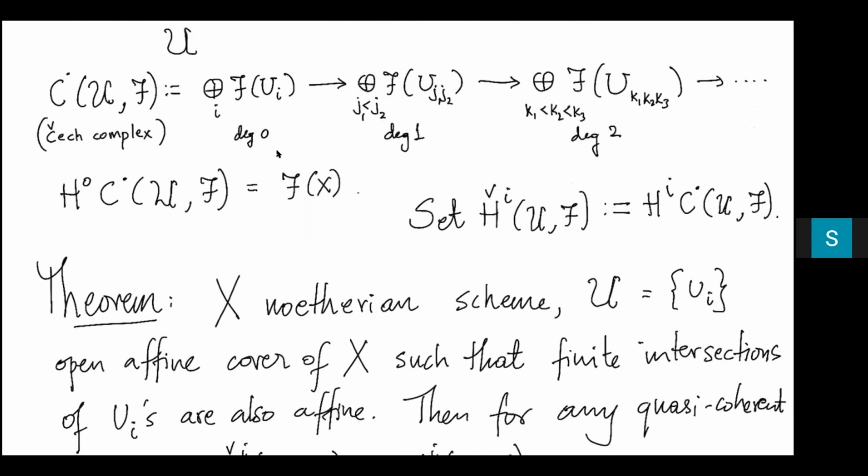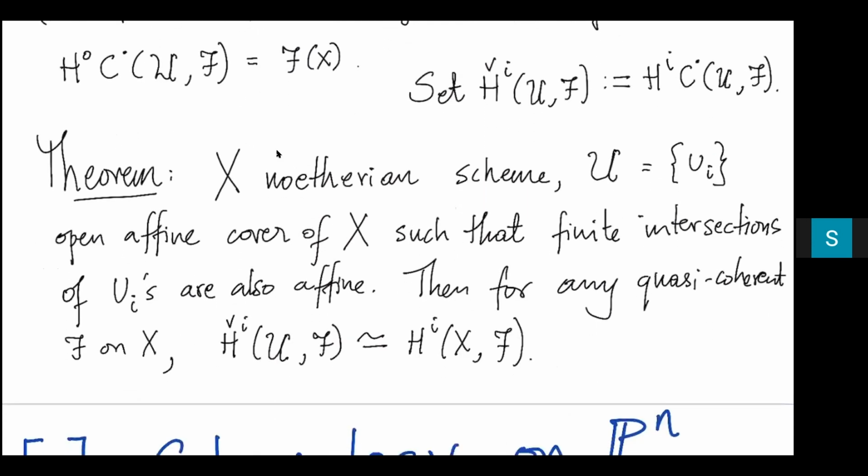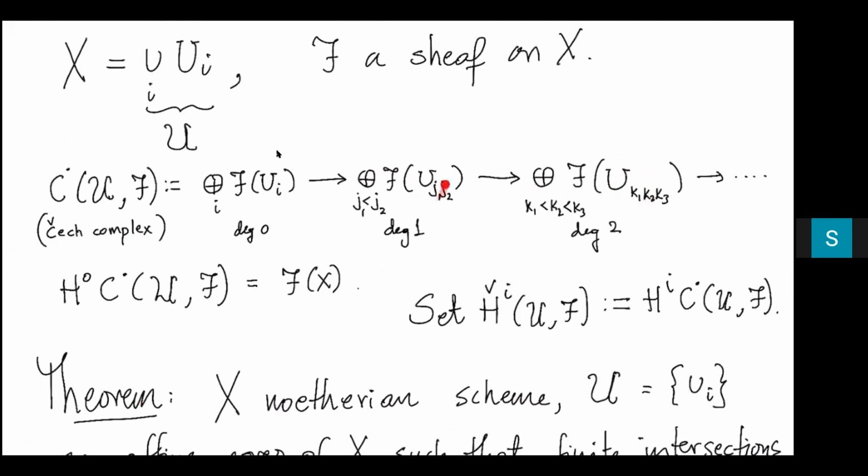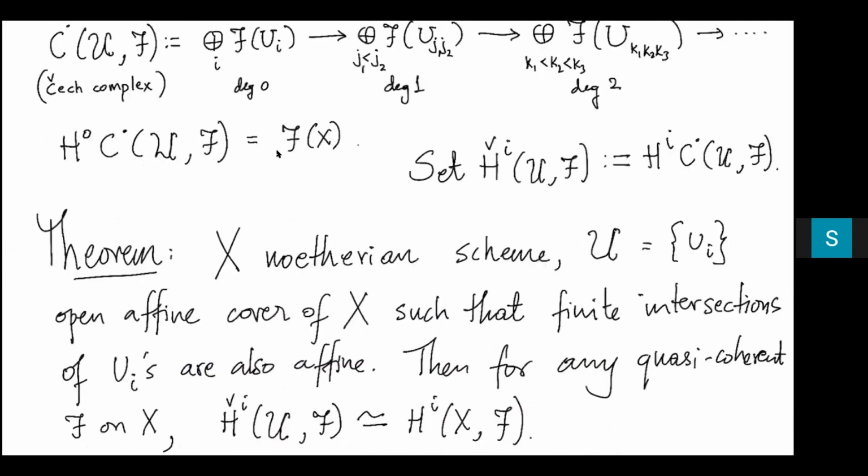And the basic theorem is that take a Noetherian scheme and cover it by affine open sets. And a small technical condition here, and you can see where you will need it: you assume that finite intersections are also all affine. So in the Čech complex, all these open sets that you are going to get, you want all of them to be affine open sets.